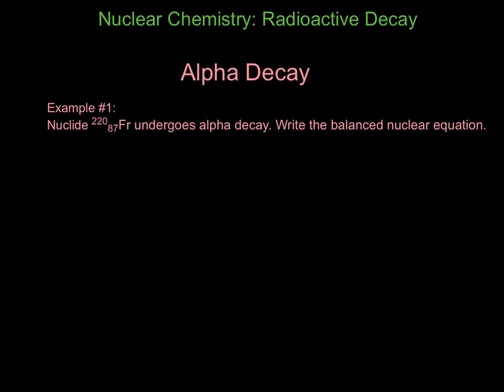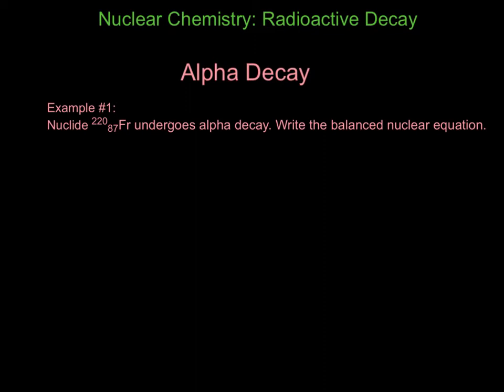So now let's take a look at how we might see questions about alpha decay asked on a quiz or a test. Example number 1 says that nuclide francium-220 undergoes alpha decay, and they want us to write the balanced nuclear equation.